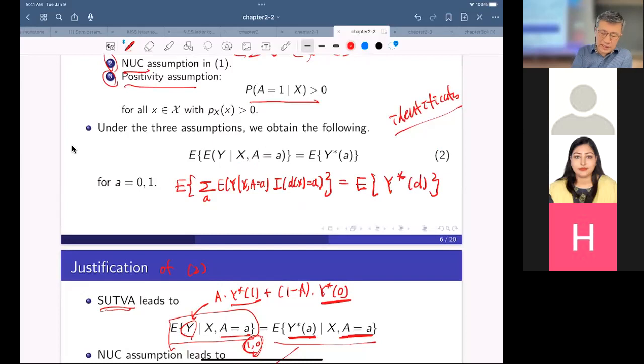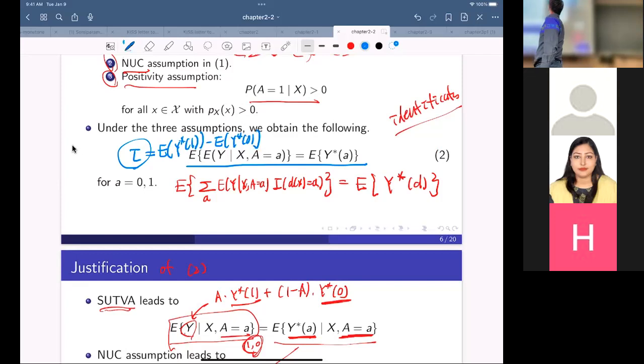So this result is the identification result for estimating tau. For estimating tau, we use this one, where tau is just the expectation of Y star 1 minus the expectation of Y star 0.